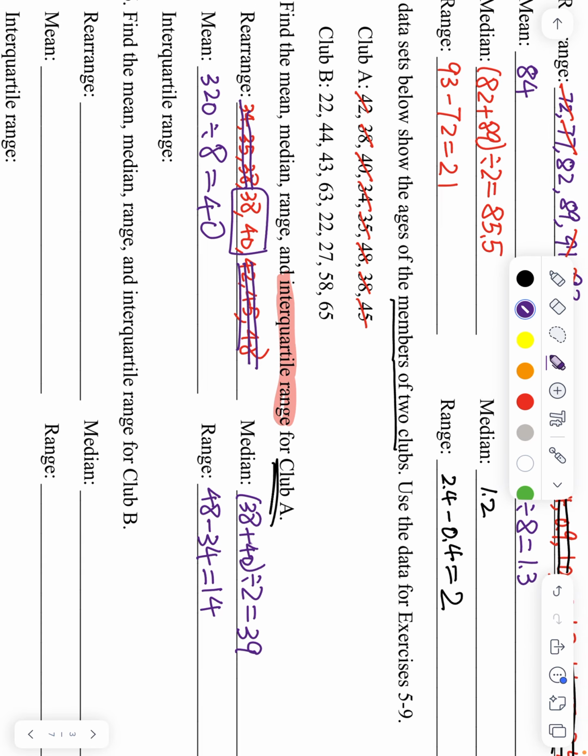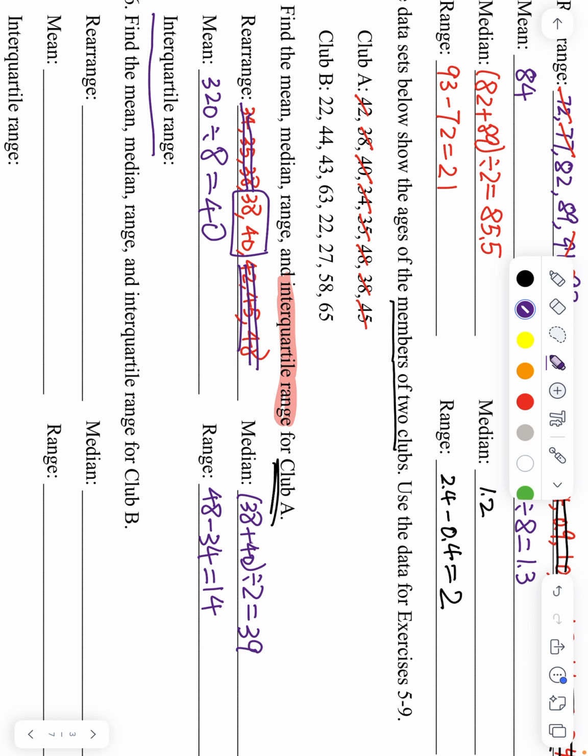Done. Okay, interquartile range. What does interquartile mean? If we have a data set, let me use some nice numbers: 1, 2, 3, 4, 5, 6, 7, 8, 9.